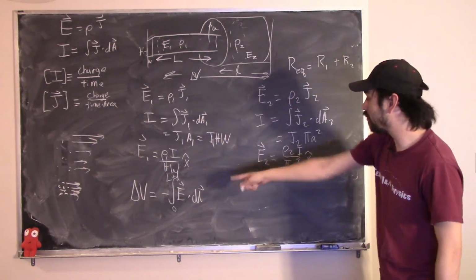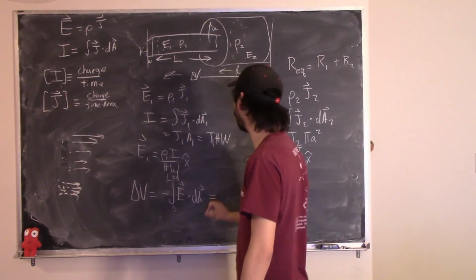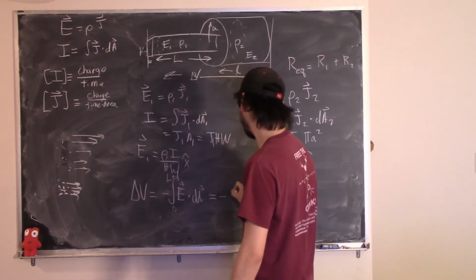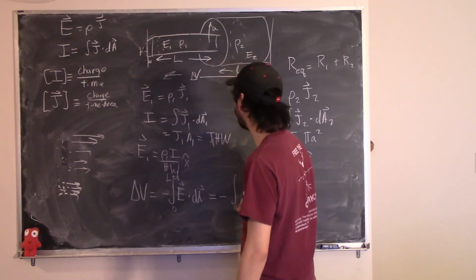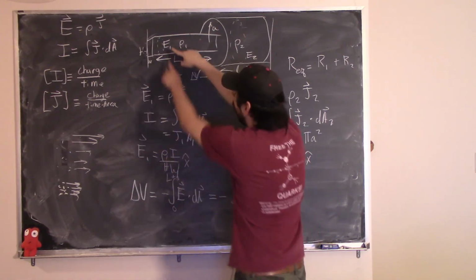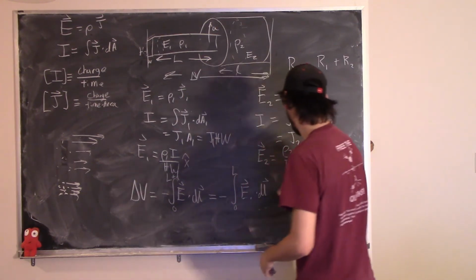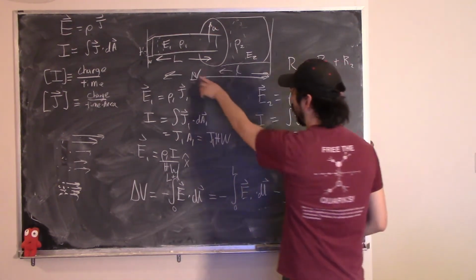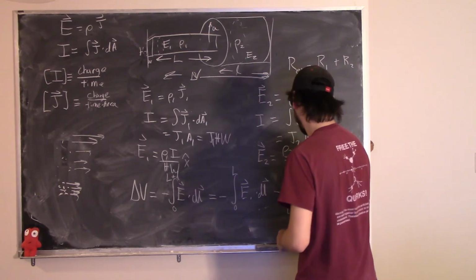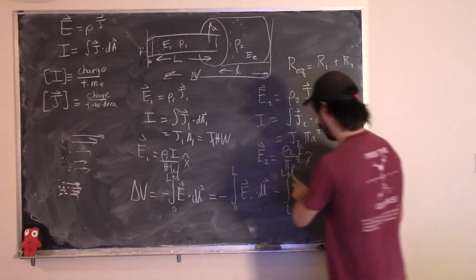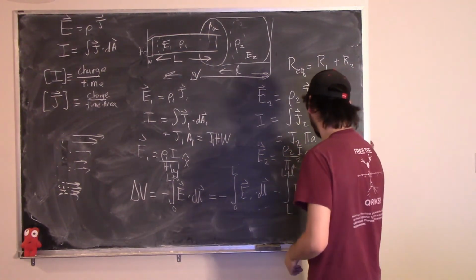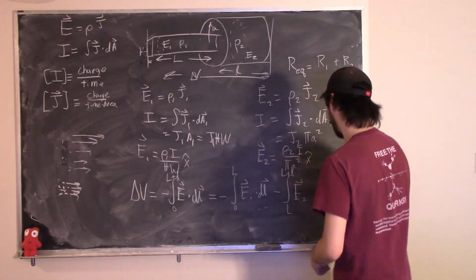And so when we want to do this integral, what we need to do is we need to say this is equal to the negative integral from 0 to capital L of E1 dot dl minus the integral from capital L to capital L plus lowercase l of E2 dot dl. Okay?